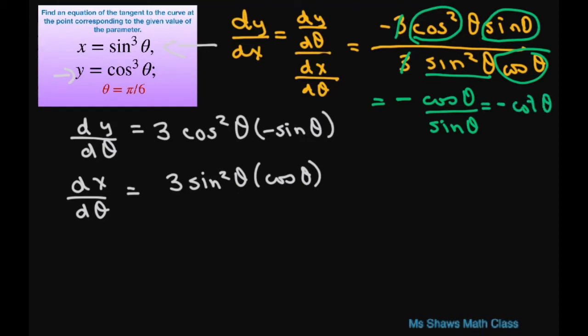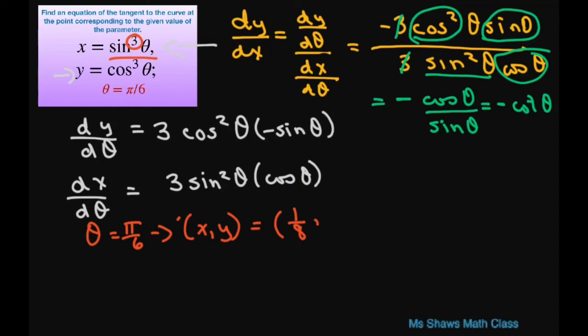All right, now that we have that, our angle is pi divided by 6. So if you substitute in pi divided by 6, your x right here is going to be 1 divided by 8. Don't forget we have to cube it.